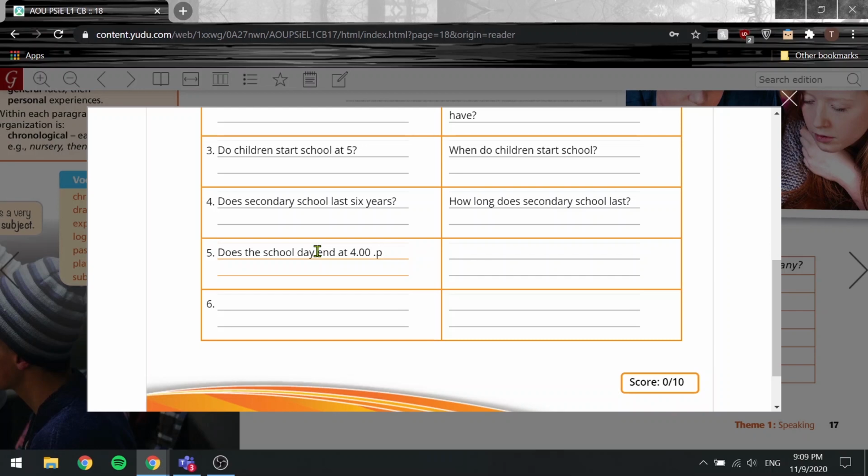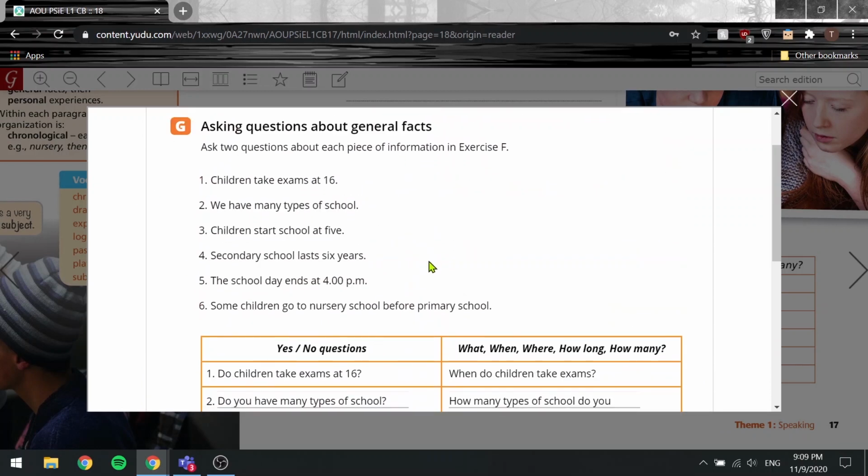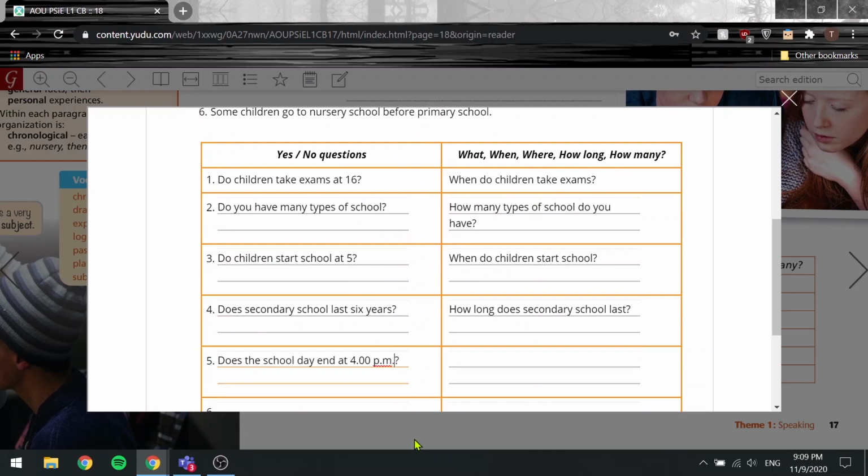Actually, I'm going to write it like so. I'm going to get rid of this. I'll write it like so. I'm just checking to make sure. PM. Okay, so does the school day end at 4 p.m.? Actually, I'm supposed to write normal dot here. This dot is not a full stop, by the way.